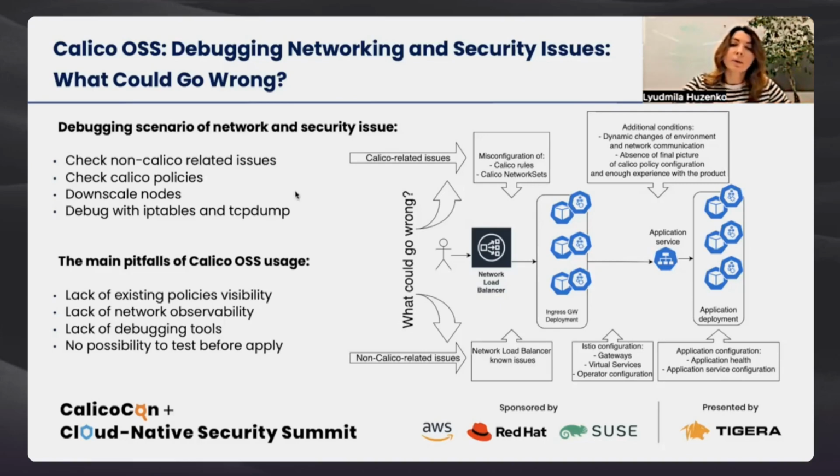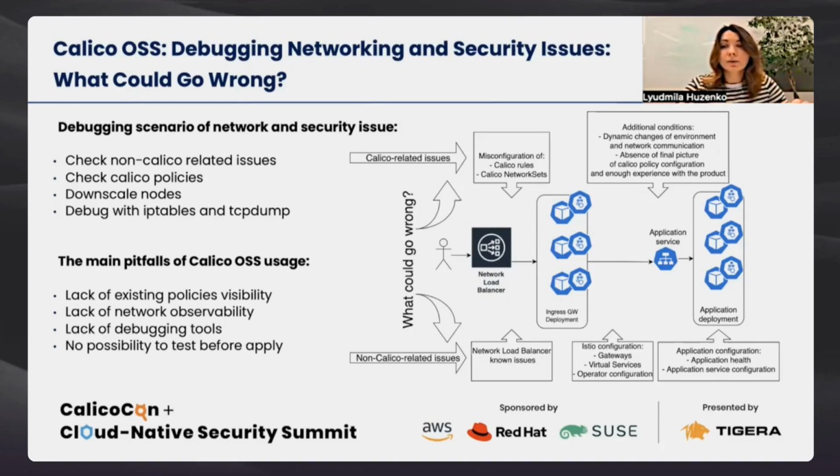And in the case when we have, like, 3 pods of ingress deployments and 3 pods of application deployments that could be located on different nodes, you will need to debug connections between 6 pods in any order. To simplify this debugging, we decided to downscale the pods, and then we had at least a one-to-one connection that we needed to debug.